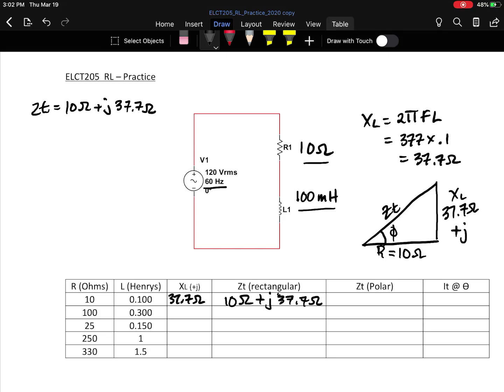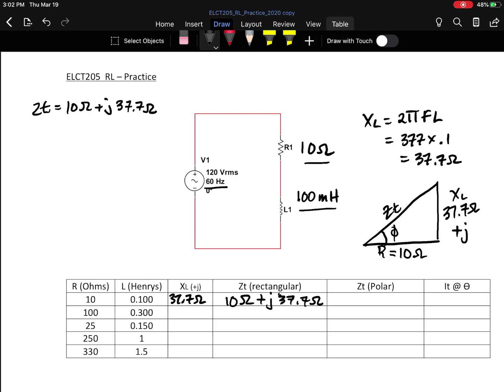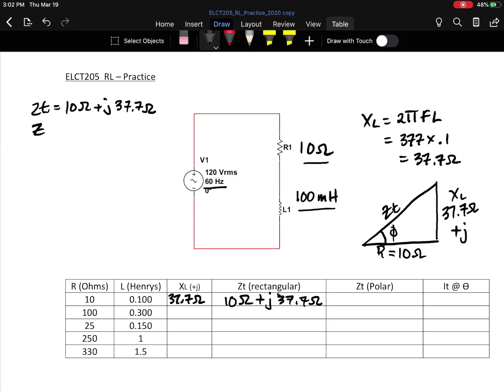Now I'm going to do the rectangular to polar conversion for this impedance, and the polar value is going to be Z total equals 39 ohms, and I'll toggle to the angle here, and the angle is 75 degrees.